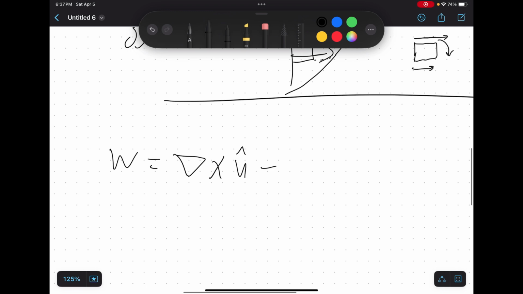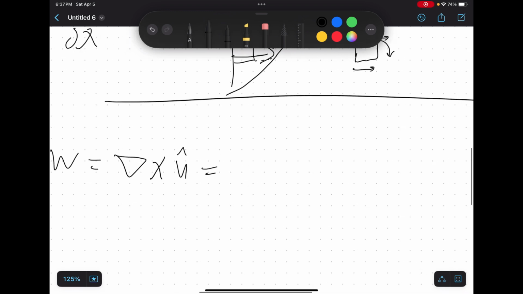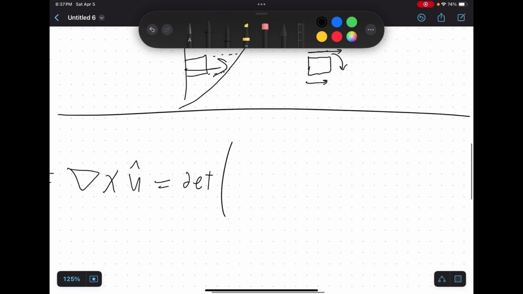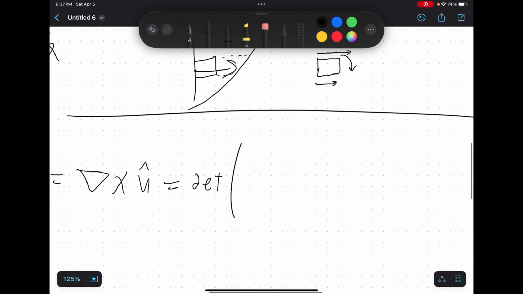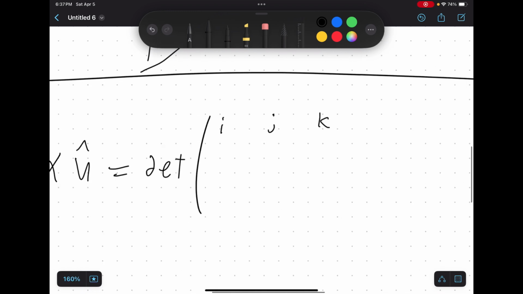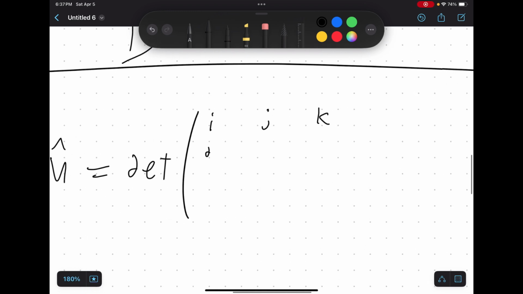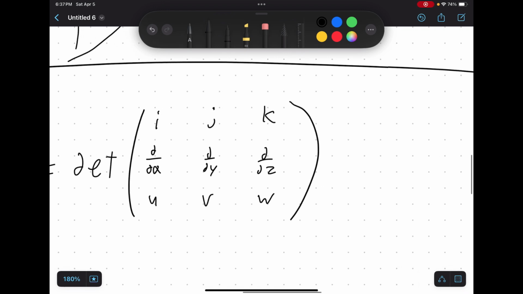So this breaks out to the determinant, I've probably lost all of you by now, of I, J, K. So those are the three directions, d/dx, d/dy, d/dz, u, v, w. That's what it is.